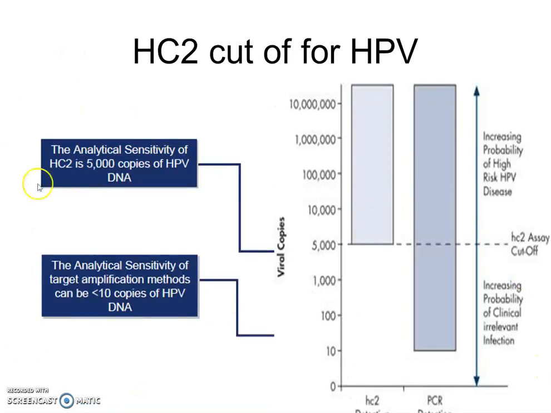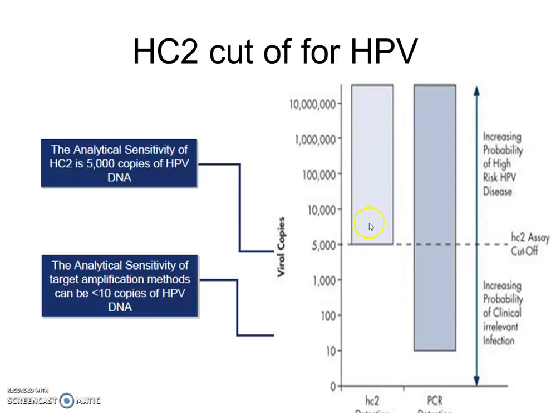So the hybrid capture 2 is actually very insensitive because it's not a nucleic acid amplification technique. PCR can detect down to a handful of viral copies. Hybrid capture is about 5,000, and the makers of the system insist that their limit of detection just happens to correlate with the chance of the infection being important.